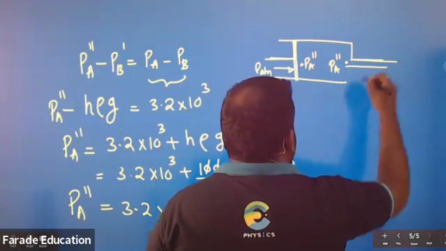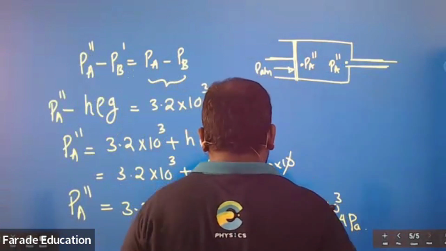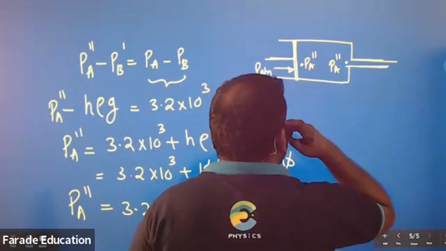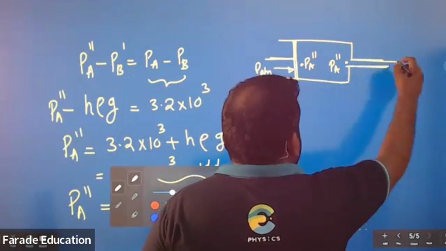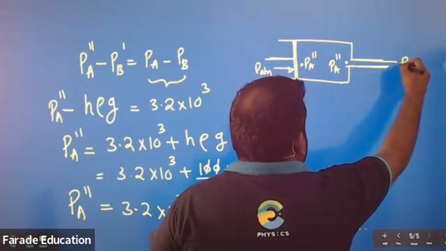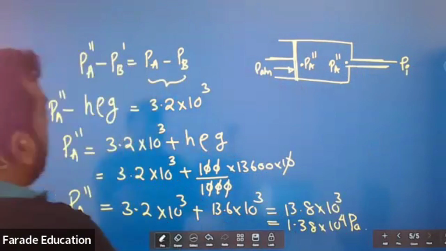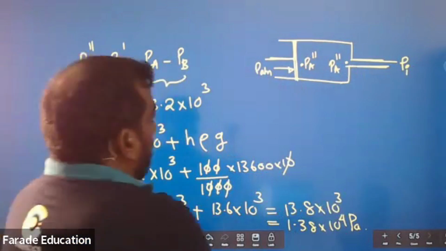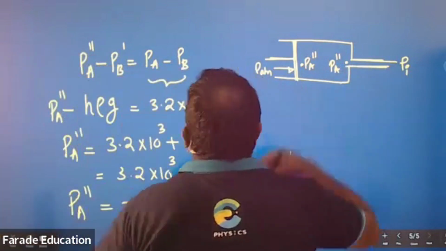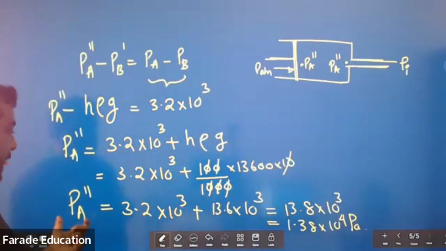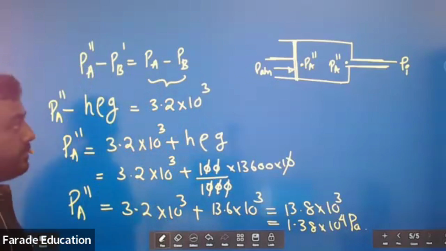This is your new inside pressure. If you look at it carefully, the pressure at B has changed. The new pressure there at A is this value.